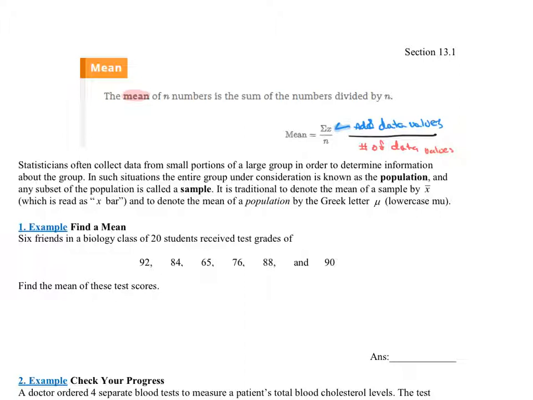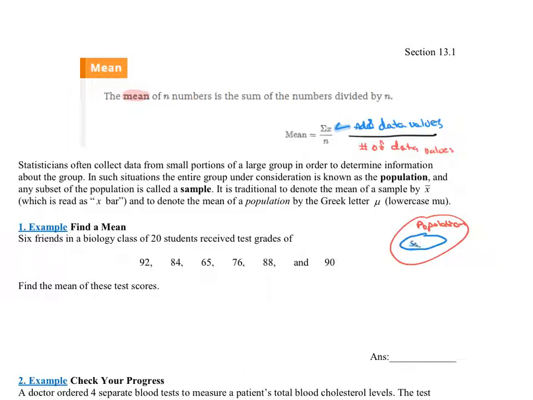So it says statisticians often collect data from small portions of a large group in order to determine information about the group. In such situations, the entire group is known as the population. We already talked about this in the previous section as well. The big set is the population, but they can't get access to the entire population.